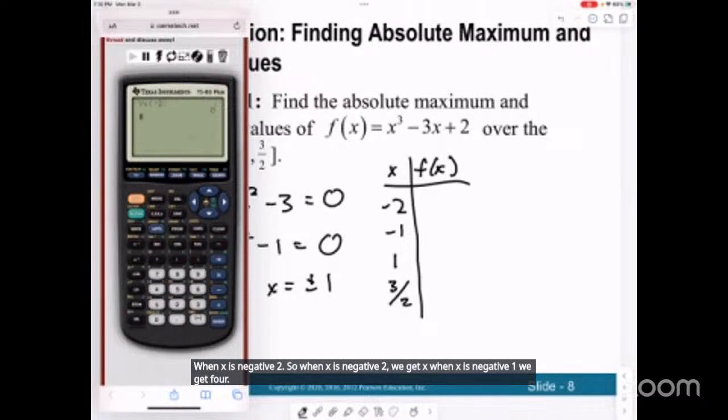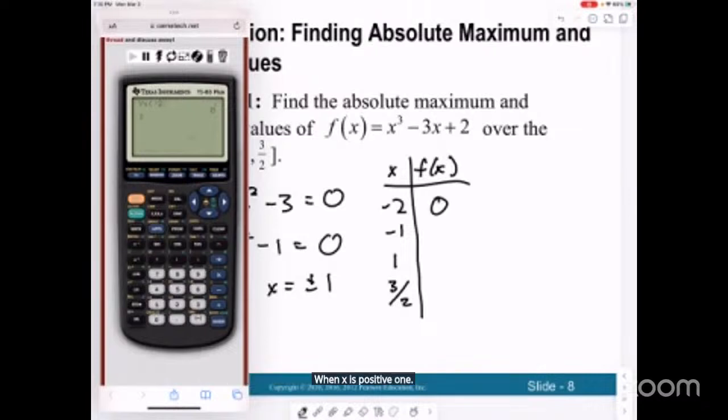When x is positive 1, we get 0. And when x is 3 over 2, let me hit math here. Math is a fraction, 7 over 8.